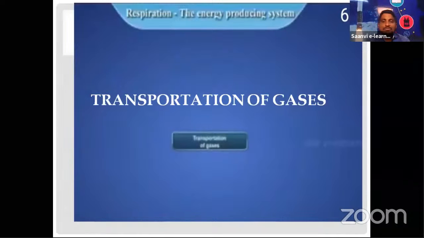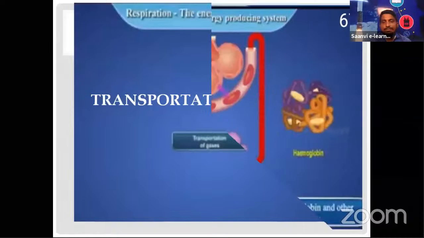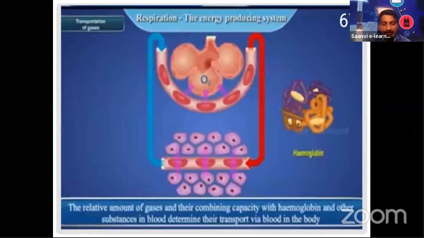And next, the next heading is transportation of gases. Let us go to know the transportation of gases. Now, look at the picture, all of you. The relative amount of gases and their combining capacity with hemoglobin Hb and other substances in blood determine their transport via blood in the body.